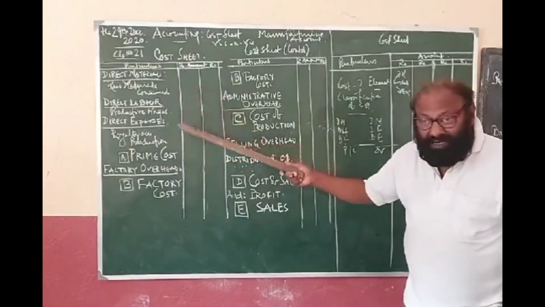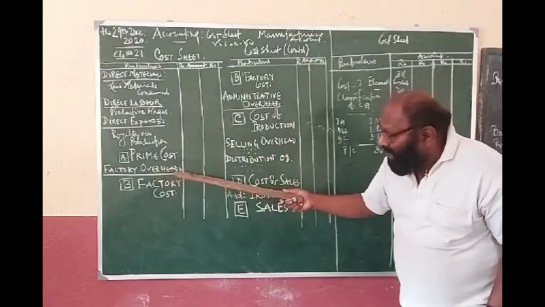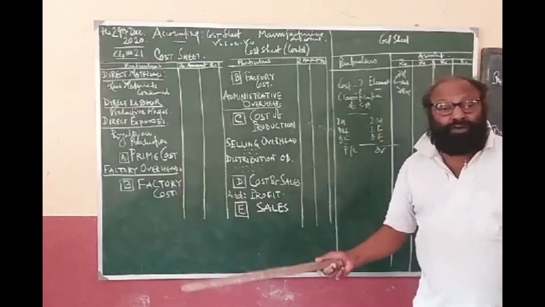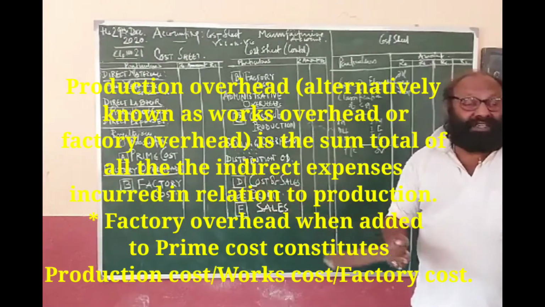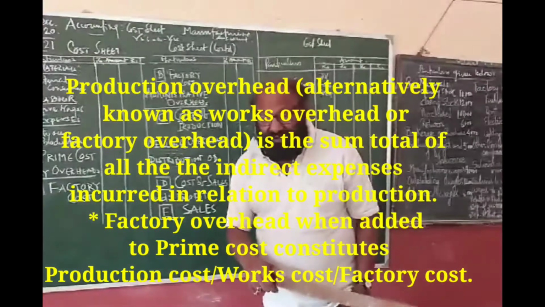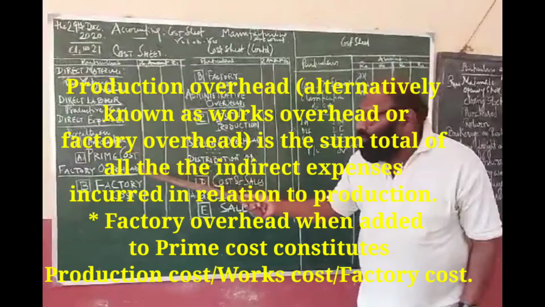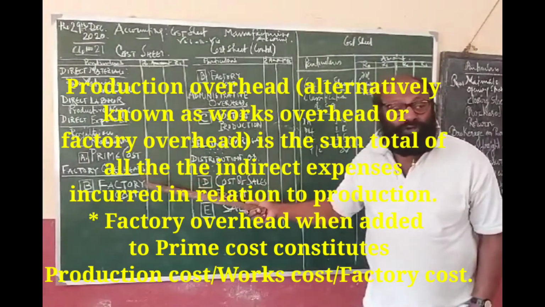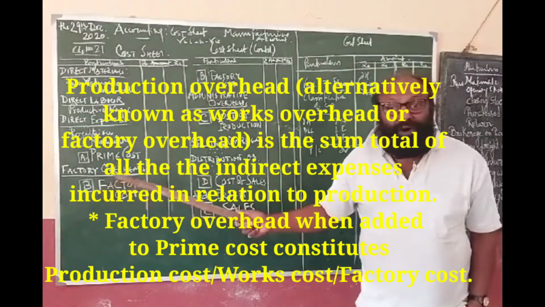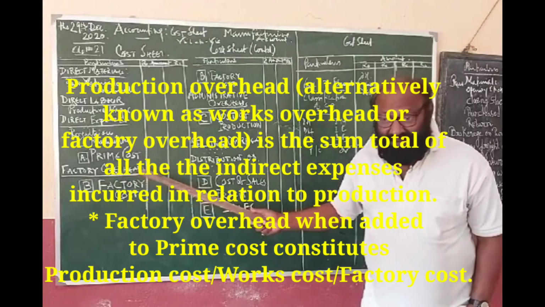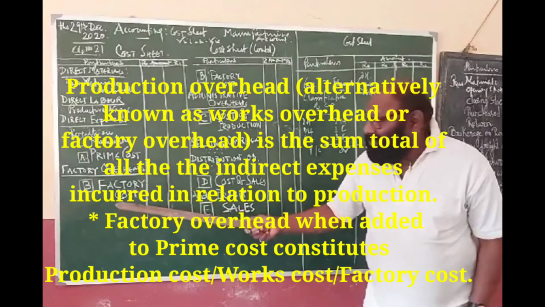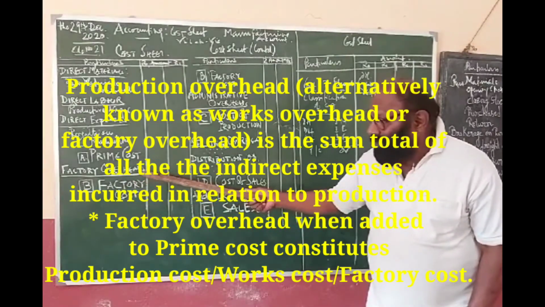Because you are in the process of production. And then you should add factory overhead. Factory overhead refers to the different factory expenses which have not been covered, those which are not direct in nature, those which are absolutely non-identifiable factory costs. That is known as factory overhead.